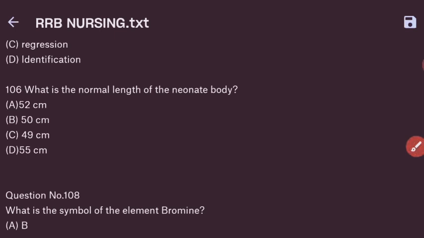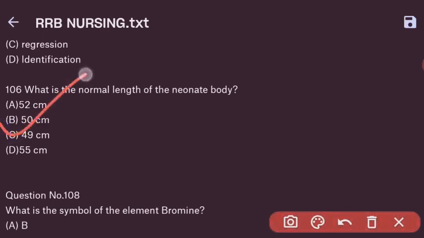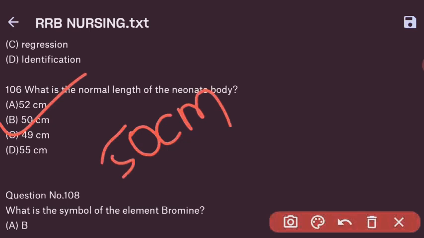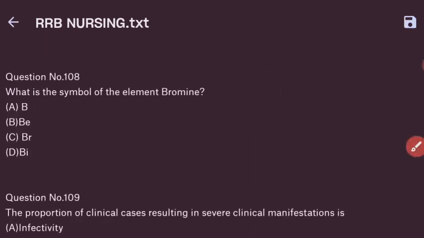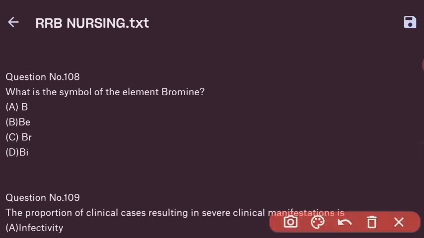Next question. What is the normal length of a neonate's body? So here the right answer is that the normal length is 50 centimeters. Next question. What is the symbol of the element bromine? The symbol of bromine is Br.